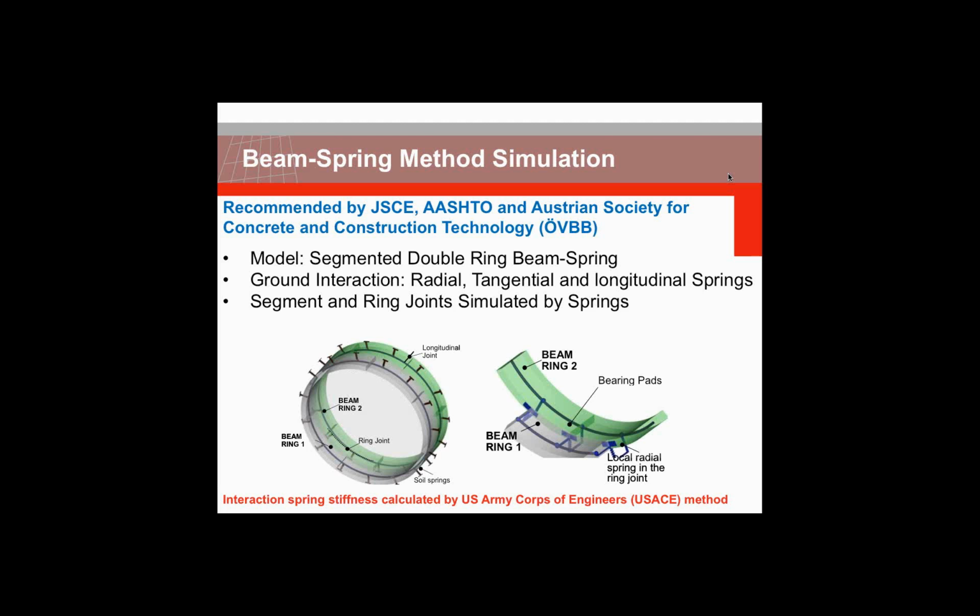Interaction spring stiffness can be determined by different methods, but usually in the U.S. tunneling industry they use the U.S. Army Corps of Engineers formula. Also, segments and ring joints are modeled in this method by springs.